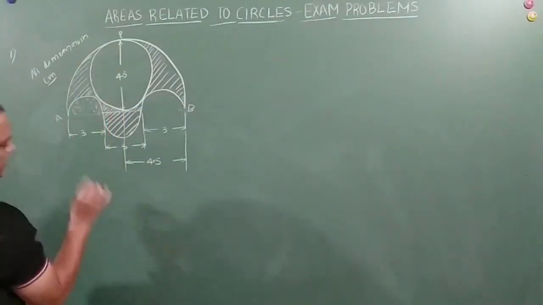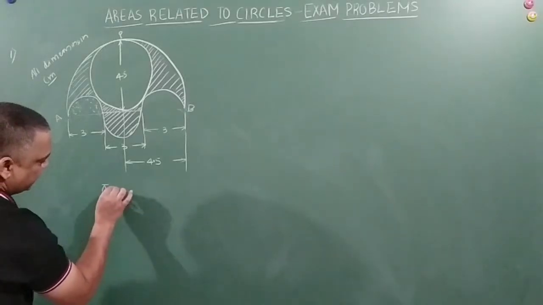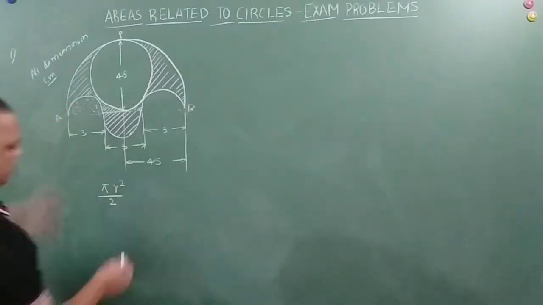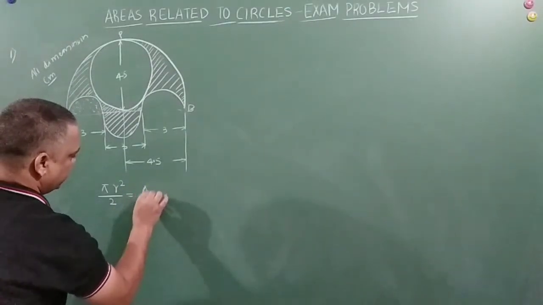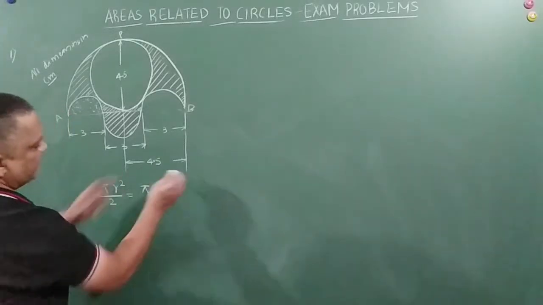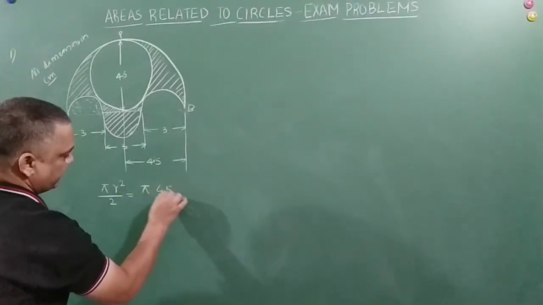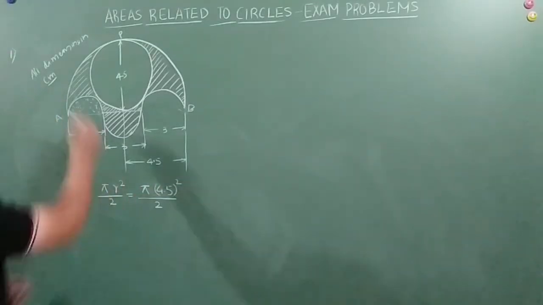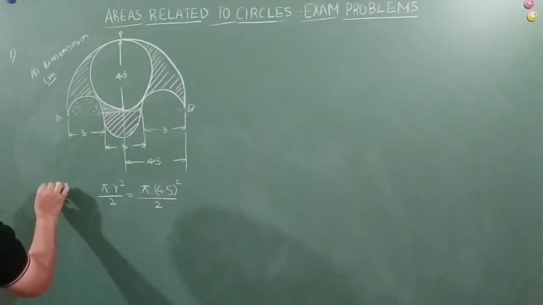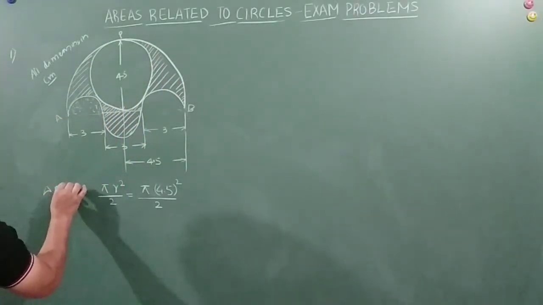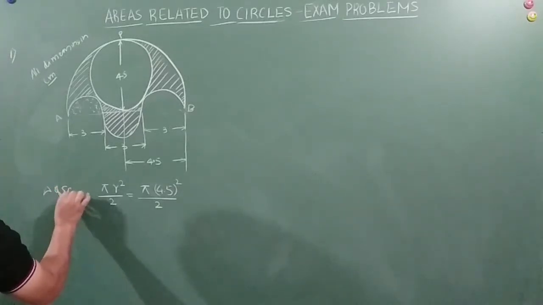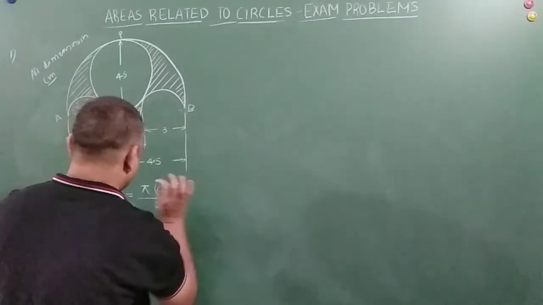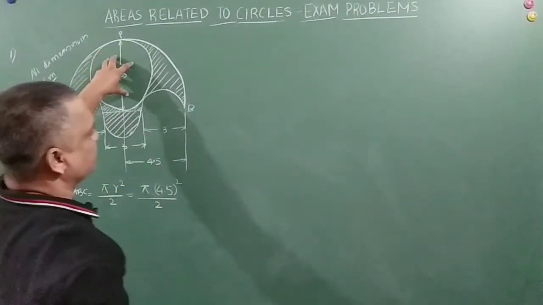So area of this semicircle will be equal to pi r square by 2, which is equal to pi into r square, r is nothing but 4.5, by 2, right? So I am finding the area of semicircle ABC, which is equal to this. Let's leave it here.